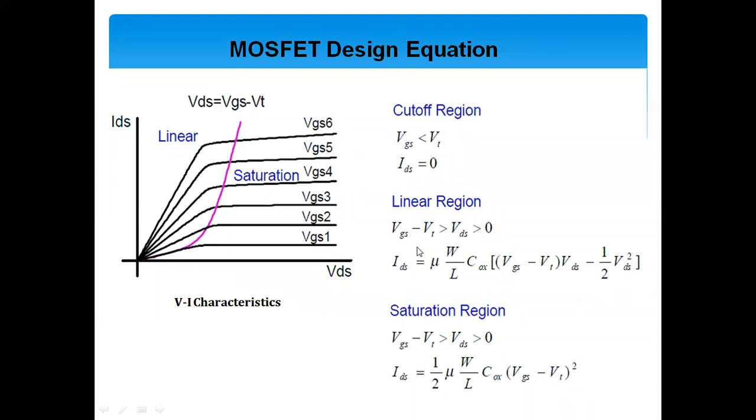This is for the linear or ohmic region, and this is for the saturation region. What is the equation of IDS for the saturation region? IDS is equal to 1 by 2 mu W by L COX, in brackets VGS minus VT, square. This is the equation of IDS in the saturation region.